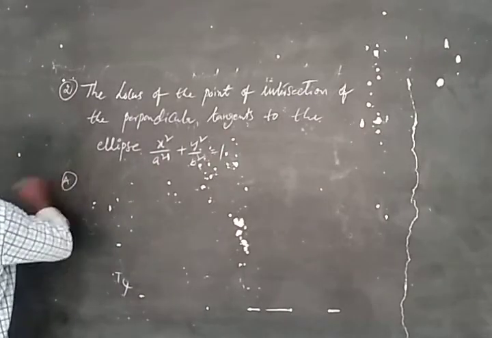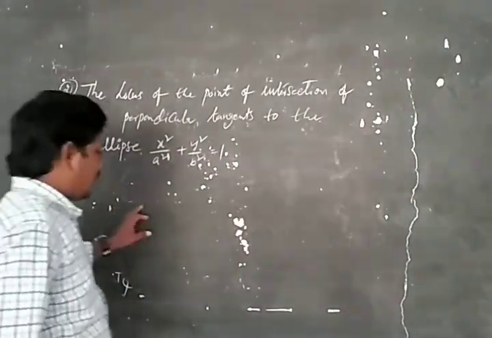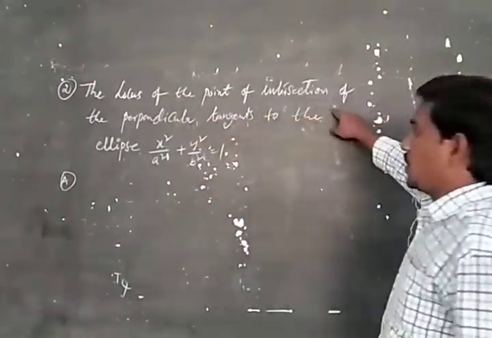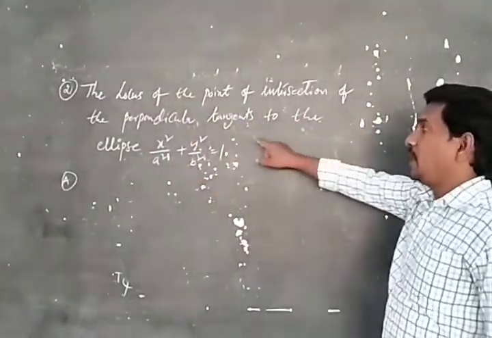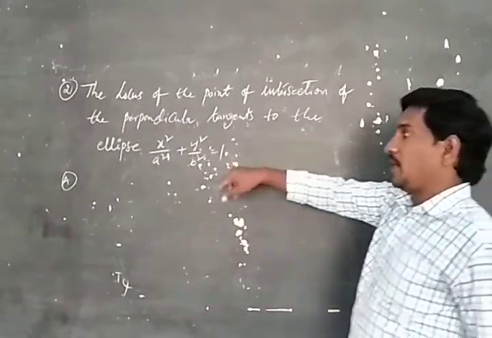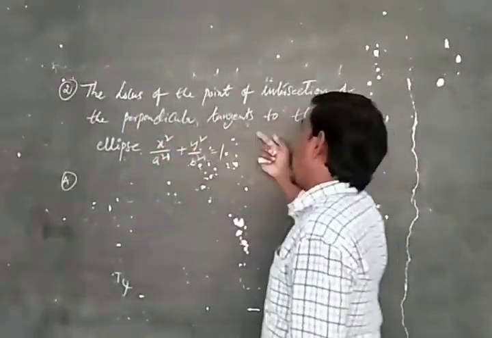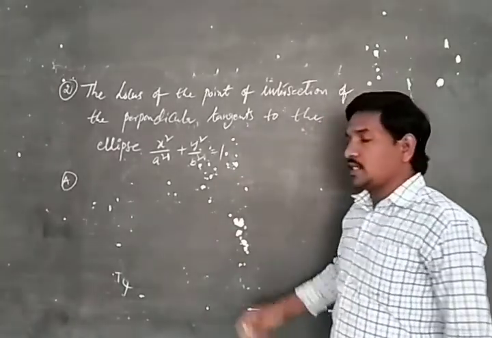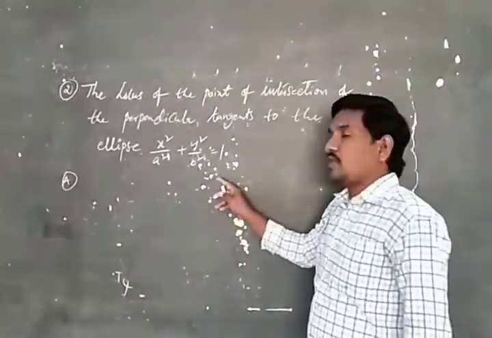Okay, we are already familiar with the locus of the point of intersection of the two perpendicular tangents to the ellipse x square by a square plus y square by b square equal to 1.